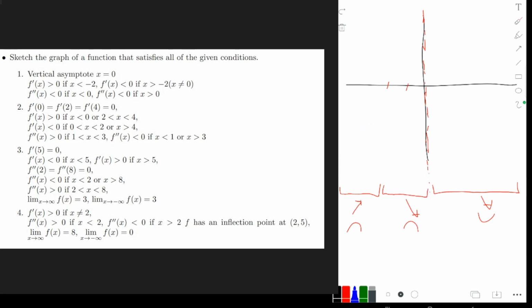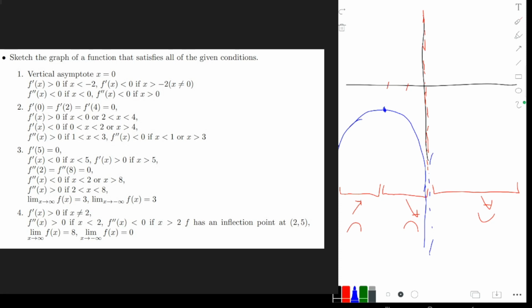So maybe with an asymptote at 0, it would look like this, where that peak is at -2. All right, and it goes down forever on this side of 0.